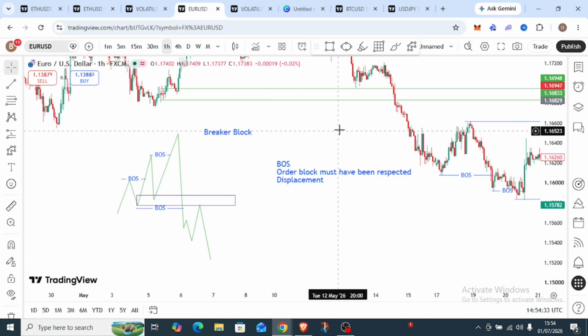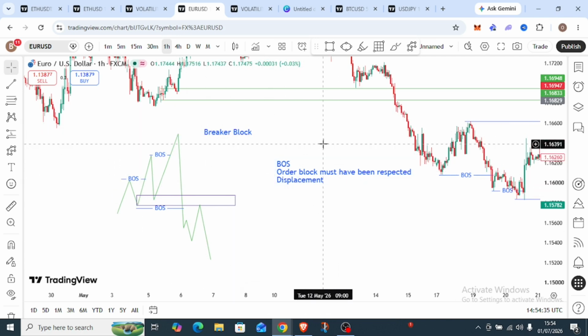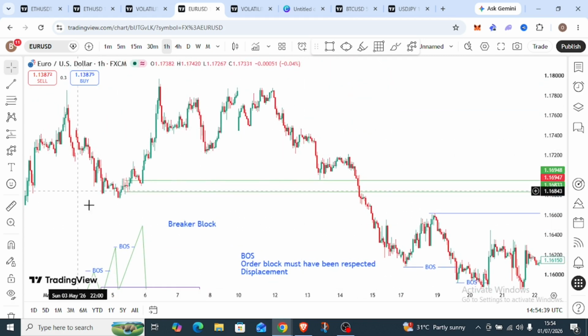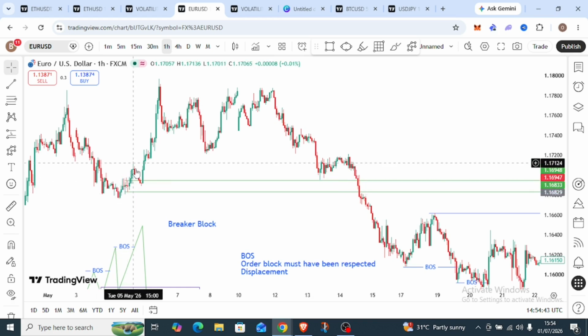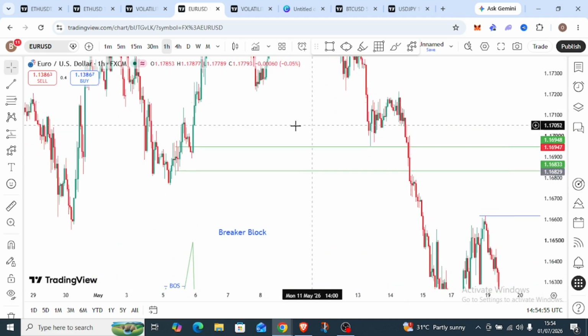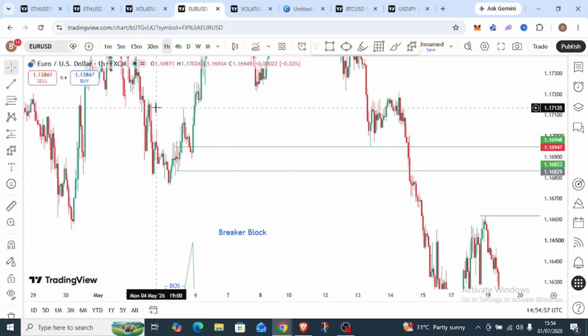Let me show you a typical example of what I've explained here. In this example, we have price making higher high, higher low, higher high, higher low. As you can see from this structure, higher high, higher low, higher high, higher low. And after creating this break of structure here, let me zoom it so that you can see it very well. There is a break of structure here.